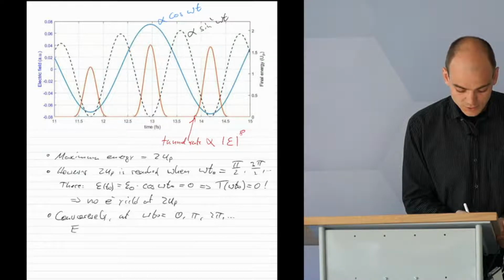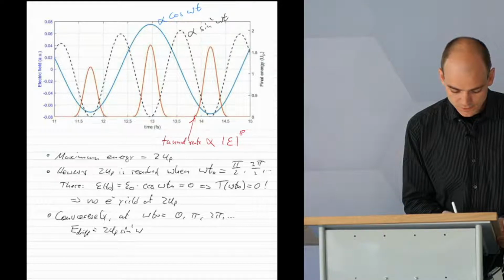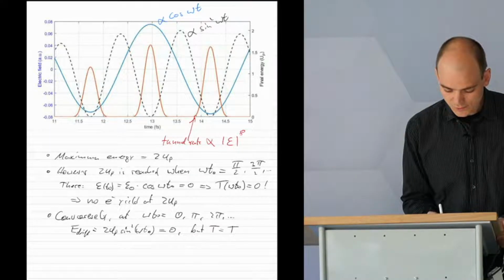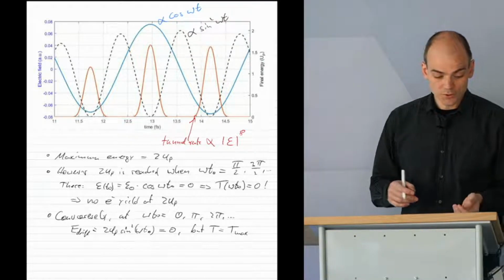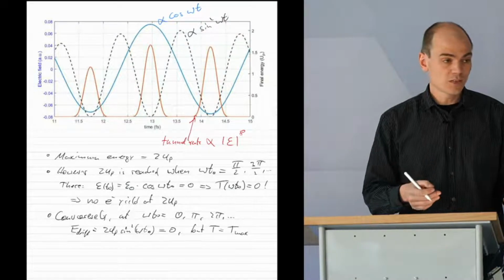So E drift equals 2 UP sine squared omega t naught equals 0, whereas it reaches its maximum value elsewhere. So lots of electrons at low energy, few electrons at high energy.